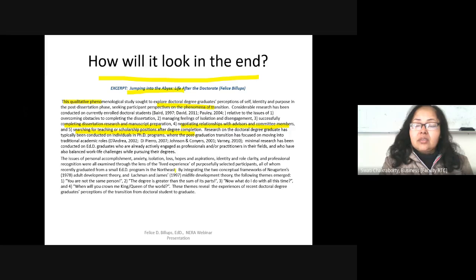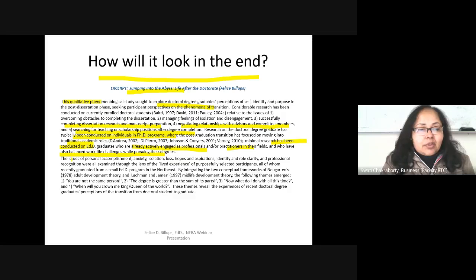Research on doctoral degree graduates has been conducted on individuals in PhD programs where post-graduation transition has focused on moving into traditional academic roles, right? And minimal research has been conducted on EdD graduates who are already actively engaged as professionals or practitioners in their fields and who have also balanced work-life challenges while pursuing their degrees.